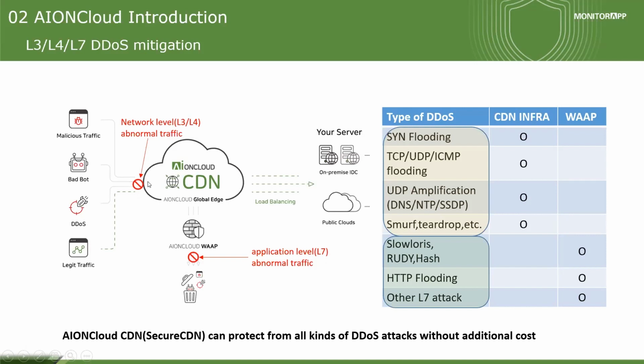And if the traffic is layer 7, then the traffic will go to the CDN, and this kind of traffic will be blocked by the Ion Cloud WAAP. So here are some examples of the types of DDoS attack. For example, SYN flooding, UDP flooding, and old style Smurf and Teardrop attacks will be blocked by the CDN infra. And layer 7 attacks like Slowloris, R.U.D.Y., and HTTP flooding will be blocked by the WAAP.